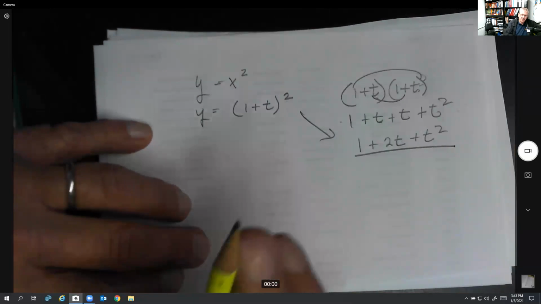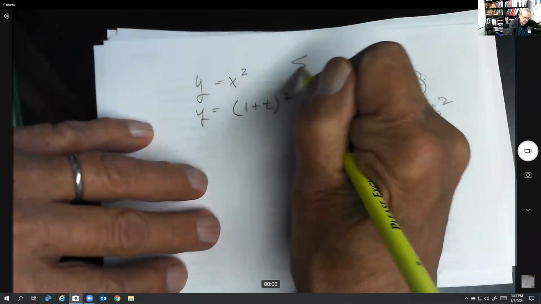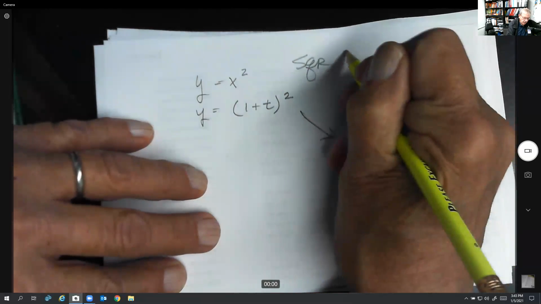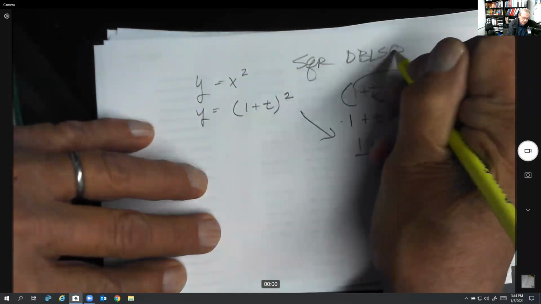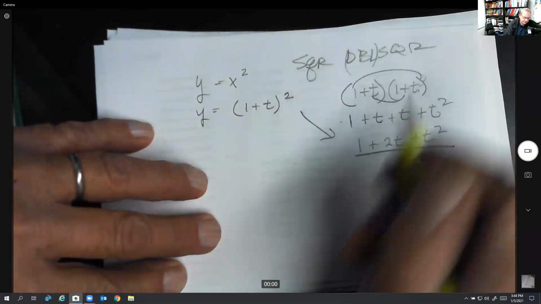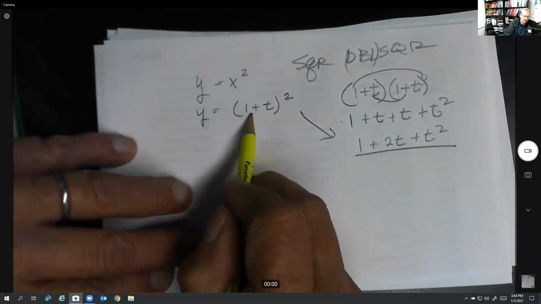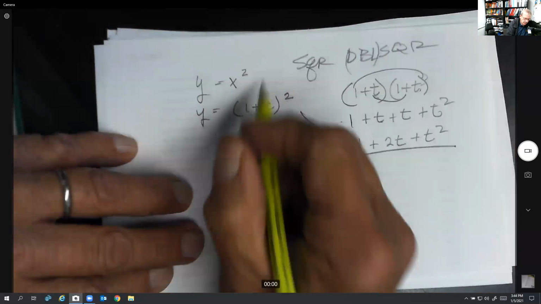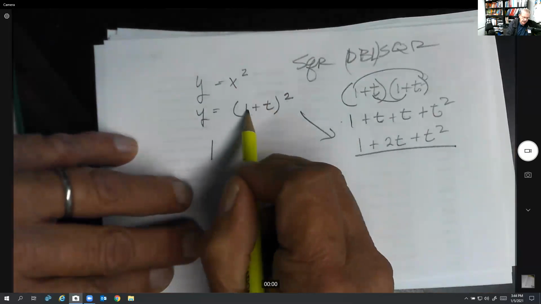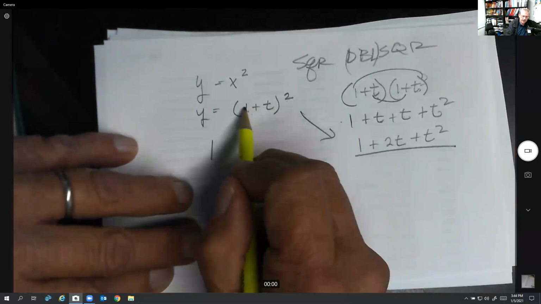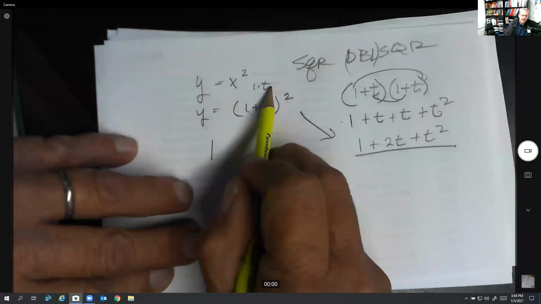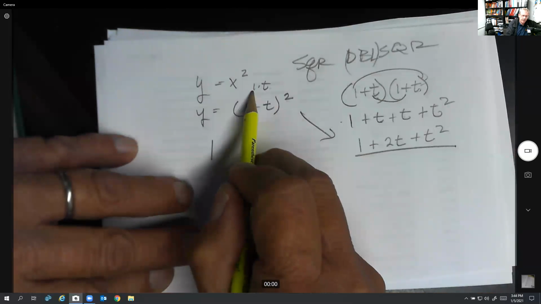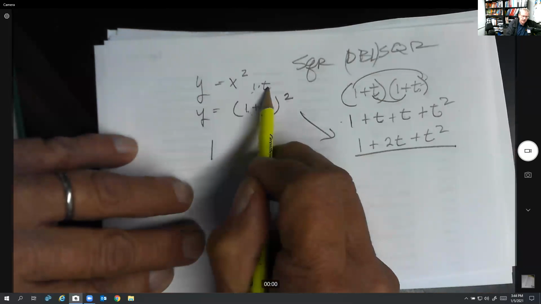Another way I can do it is a shortcut way, what we call the square, double, square. So we're going to square the first term, 1 times 1. We're going to multiply these two terms together. We're going to pretend like we're just multiplying 1 times t. That would be 1t, and we're going to double it, so that would be 2t.